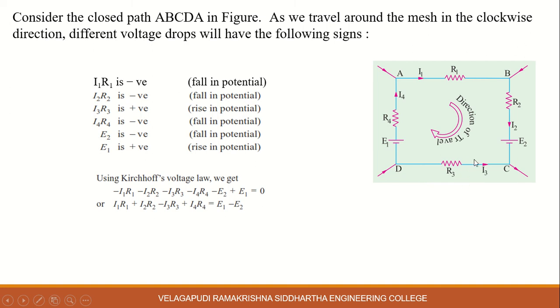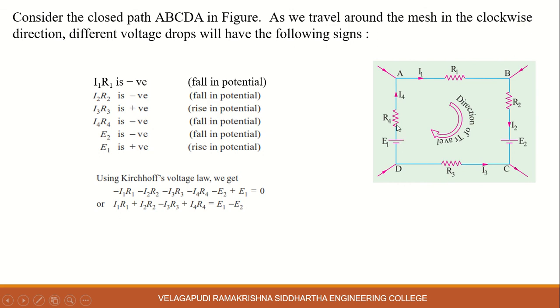That means the voltage is rising, minus to positive. So a plus sign is indicated for the voltage drop I3 R3, that is a rise in voltage. Now coming to battery E1. In the clockwise direction it goes minus to plus, a rise in voltage. So that's why it has a positive sign for the rise in potential.